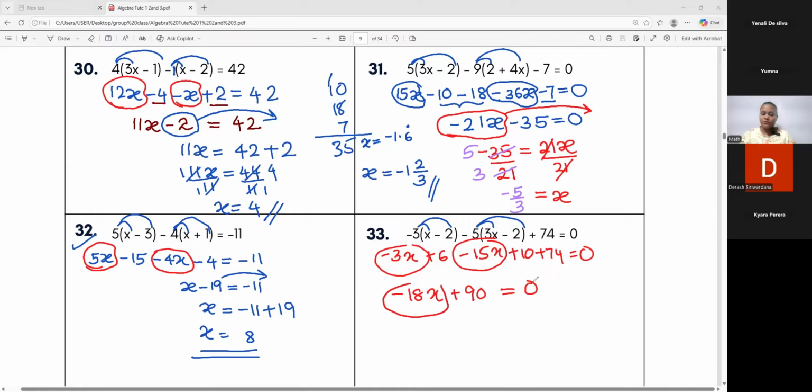Now this is negative, so move it to the right hand side. 90 is equal to plus 18x. Divide both sides by 18. 18 and 18 get cancelled. 18 times 5, no? 5 times 8 is 40. 5 times 1 is 5, 90. Yes. x is equal to 5. Correct, no?